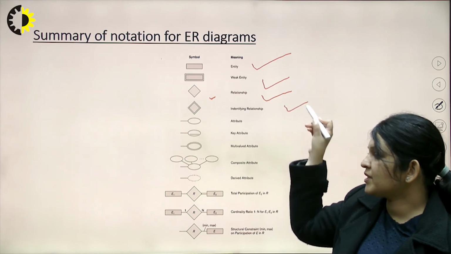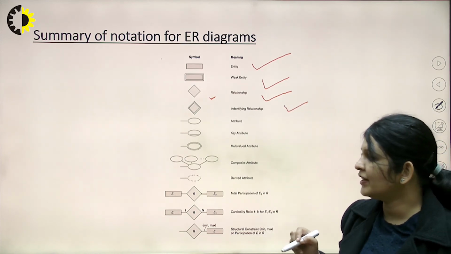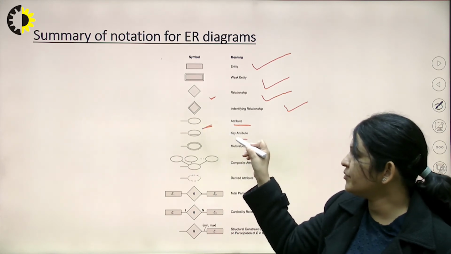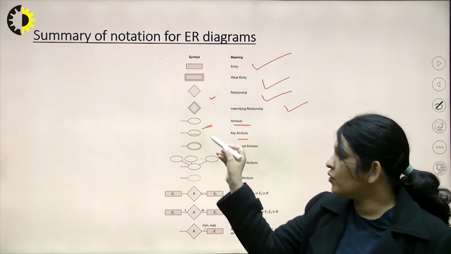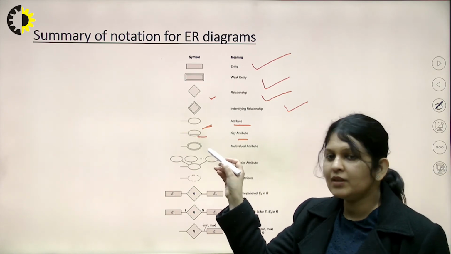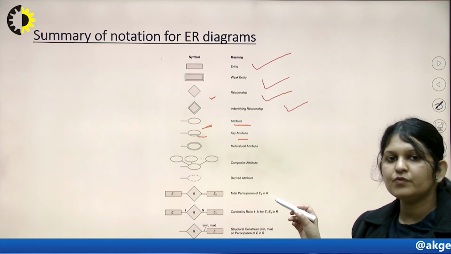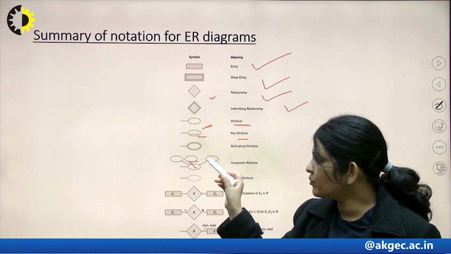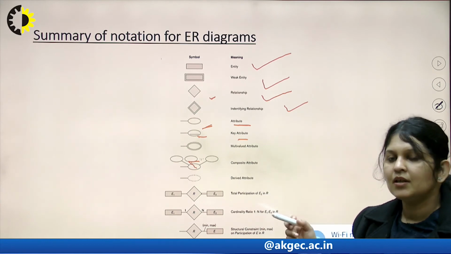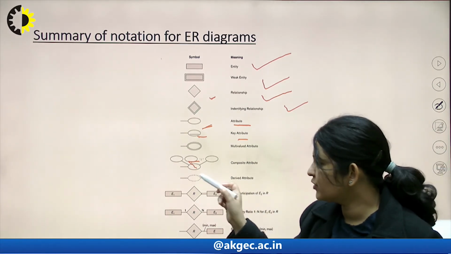Identifying relationships are represented using double diamonds. Attributes use ovals. Key attributes are represented using an oval with an underline. Multi-valued attributes use a double oval. For composite attributes, the sub-attributes are shown like branches. Then derived attributes, which we can derive, are shown using dashed ovals.